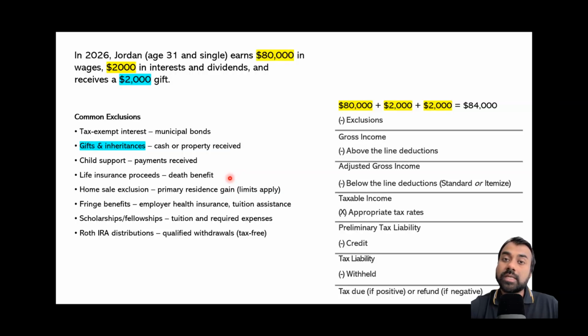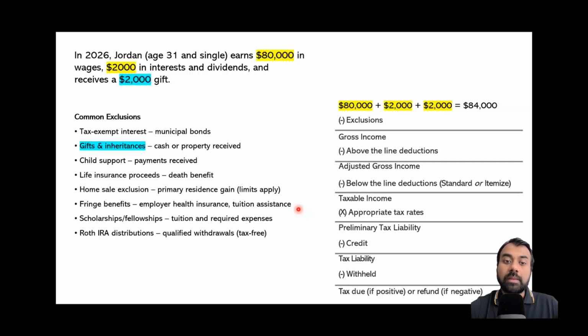Life insurance proceeds, if you are the beneficiary, then those are not taxable to you. If you sell your primary residence and you make a gain, then under certain circumstances, you might be able to exclude the gain, and we'll have a separate lecture on that particular topic because that's a very important topic. Then, as part of your job, you might be receiving some fringe benefits.